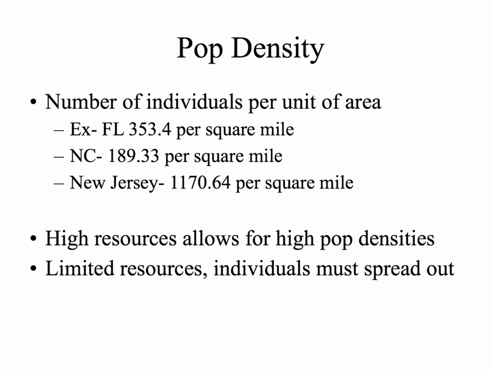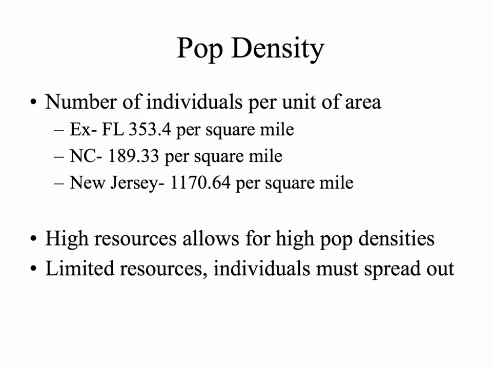Humans like to figure out population density, particularly for our own population. So for example, you can look up the population density by state. Florida has a population density of approximately 353 people per square mile. North Carolina has a population density of 189 people per square mile.